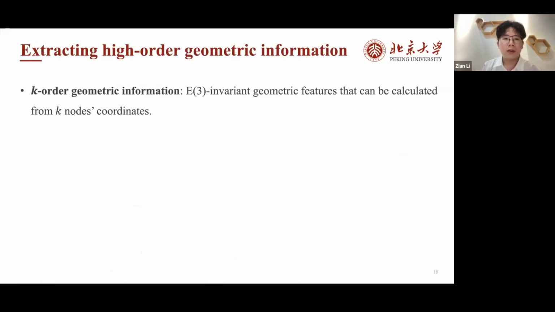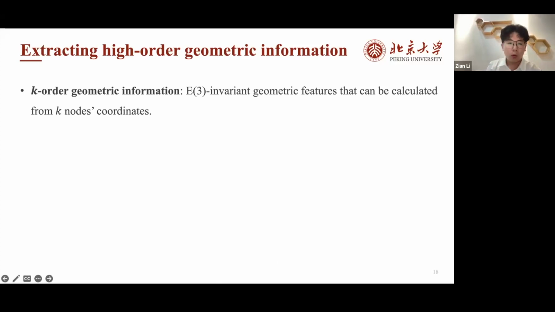So first, we will show their high theoretical performance. The first perspective is their ability to extract high-order geometric information. Note that this part is more intuitive and very easy to understand, and can help us better understand the geometric learning ability of k-DisGNN.